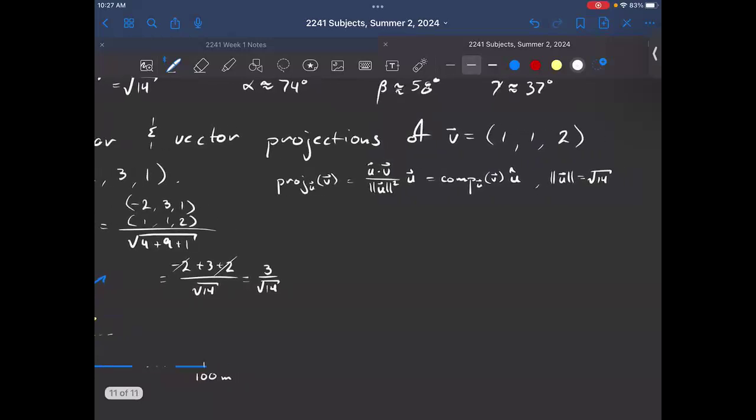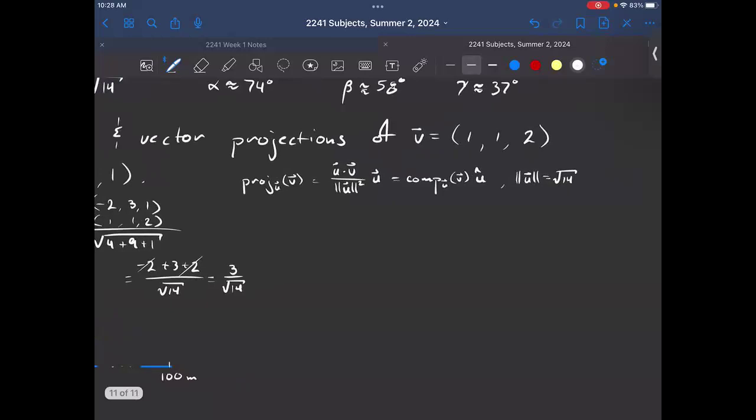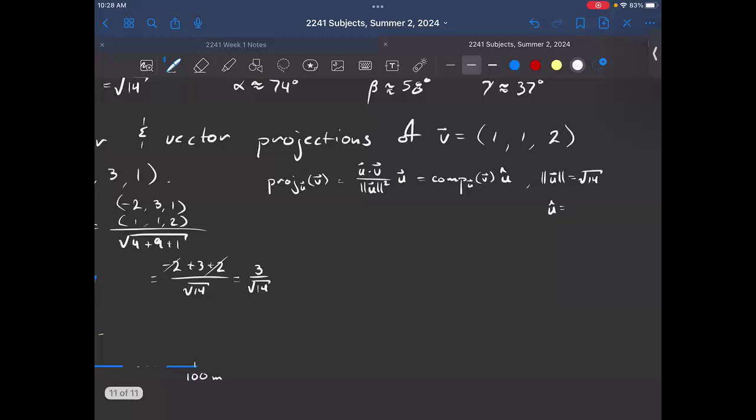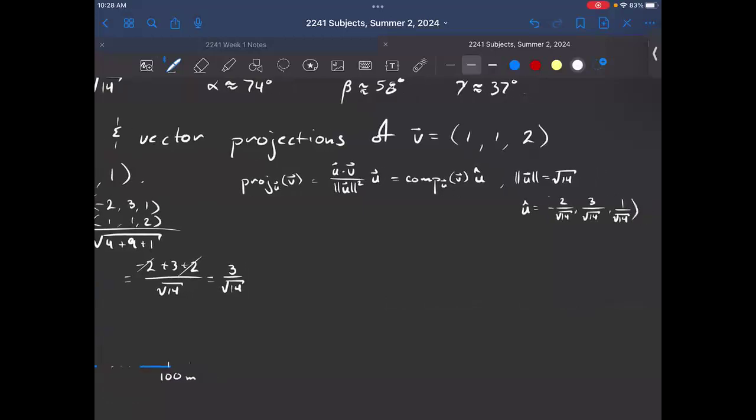So we can compute the unit vector pretty quickly. And we get u hat equals minus 2 over root 14, 3 over root 14, and 1 over root 14. There's our unit vector, and we just want to multiply by the scalar projection onto that.